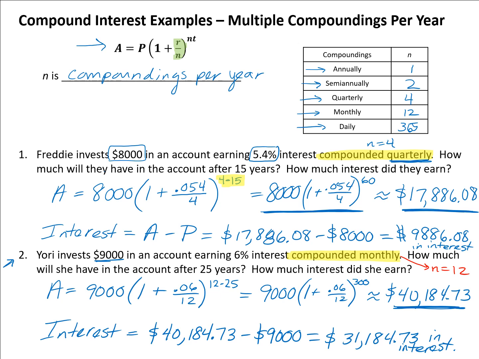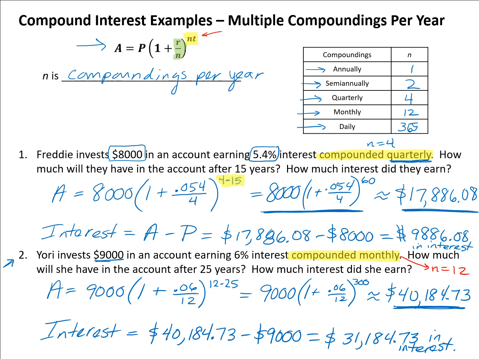The other place where you see N is in the exponent, N times T. That represents how many times you're earning interest altogether. Because if you earn interest 12 times during the year for 25 years, 12 times a year for 25 years is 300 times altogether.